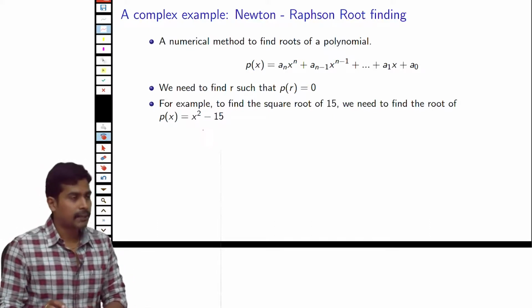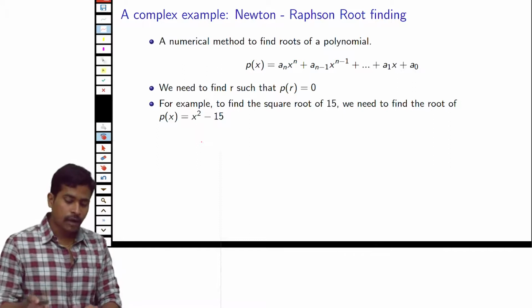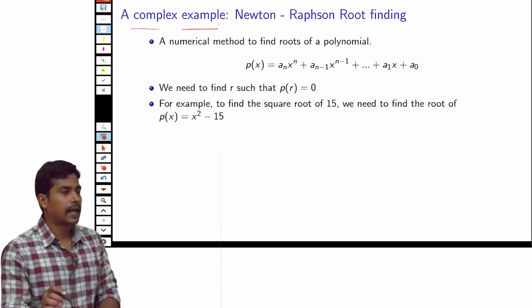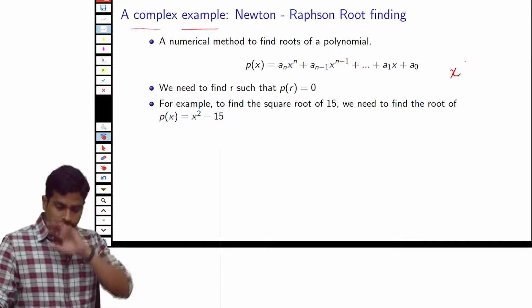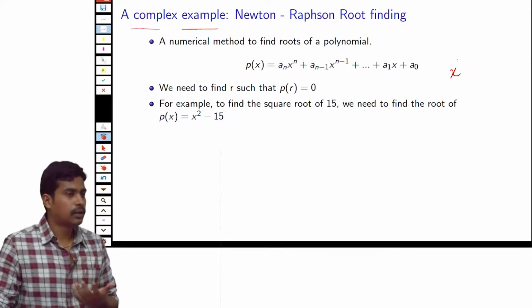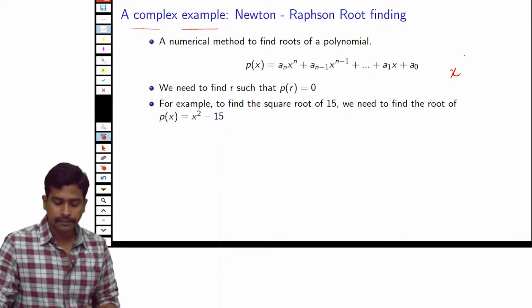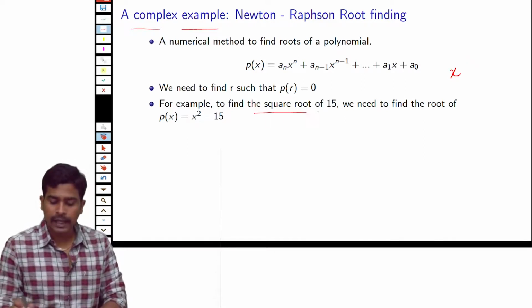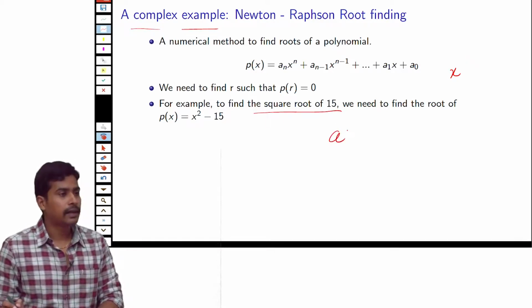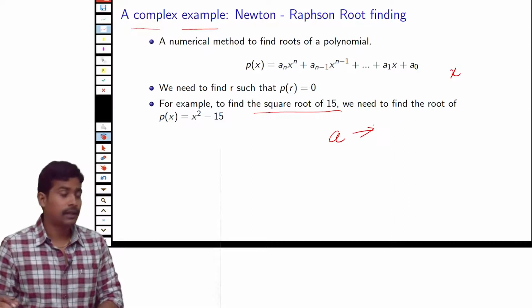For example, in this example we wanted to calculate the root of a number x. So for example if you want to calculate the root of a number a, and let us assume the root is x, okay.